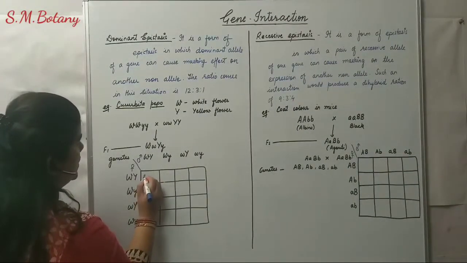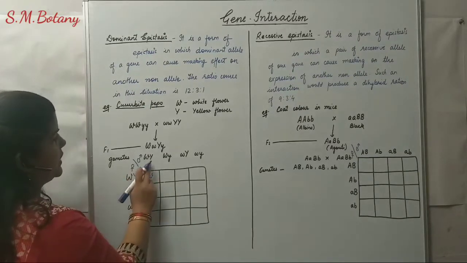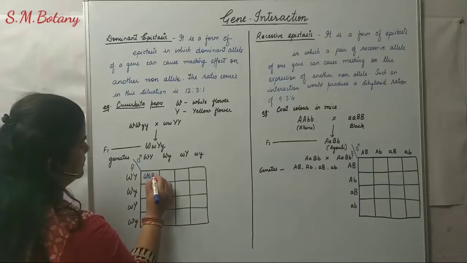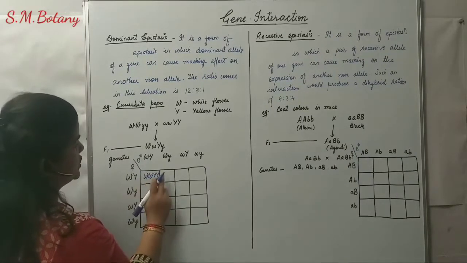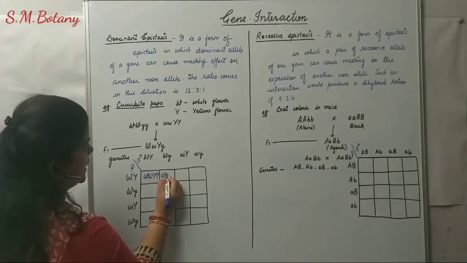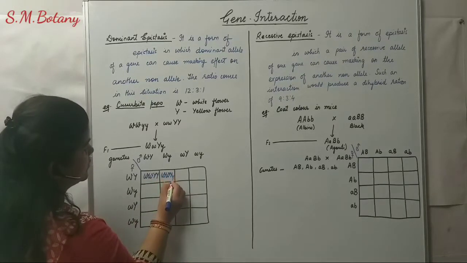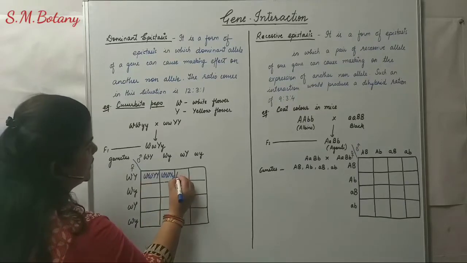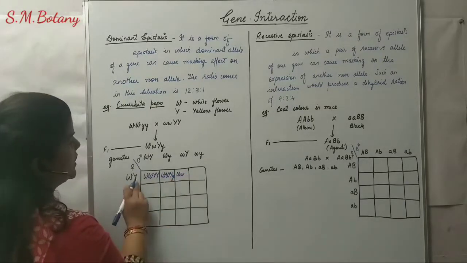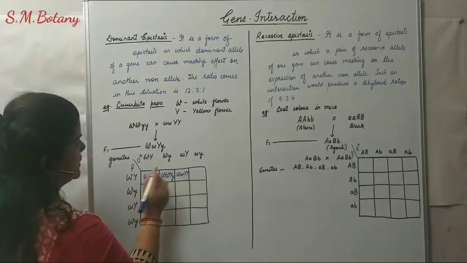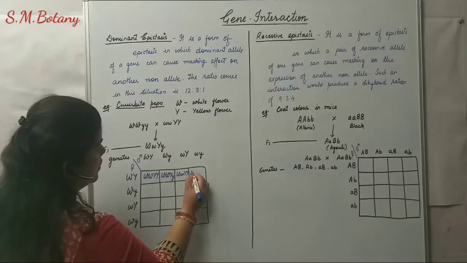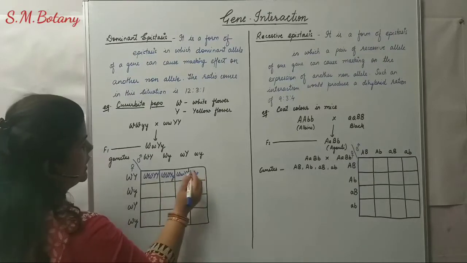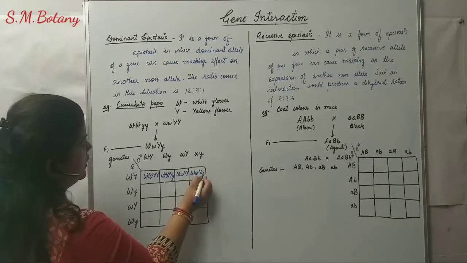Let us draw. Capital W, capital W, capital Y. And in the second position, it is capital W, again capital W, capital Y, small y. In third one, capital W, small w, capital Y. Fourth, capital W, small w, capital Y, small y.